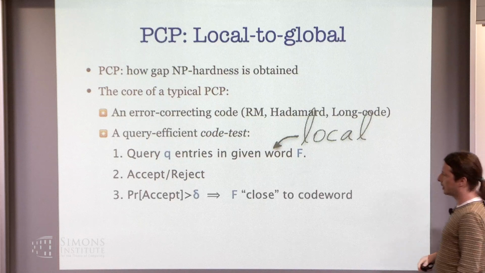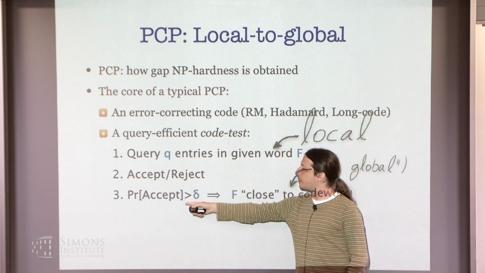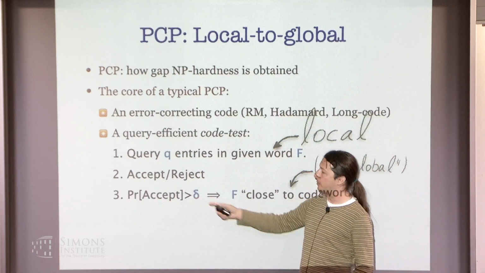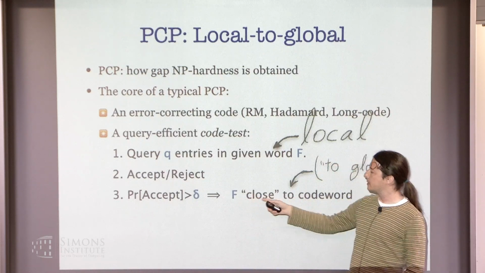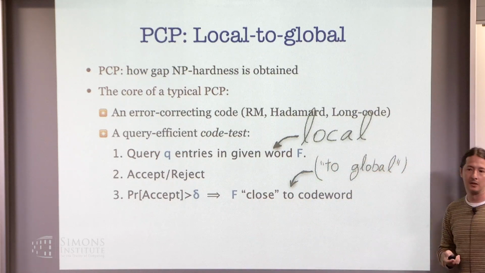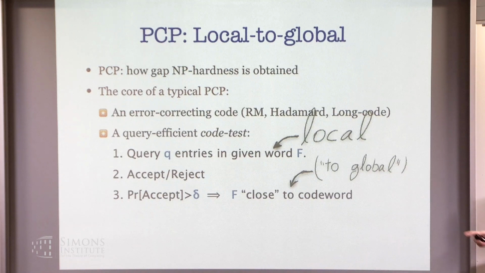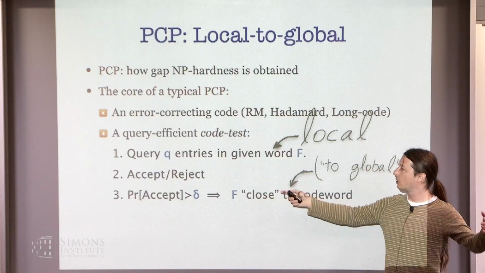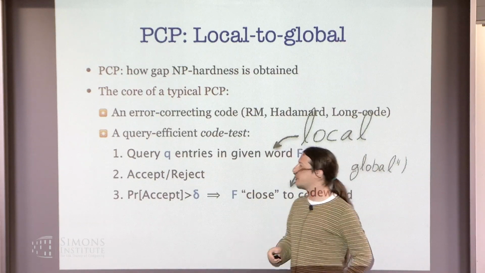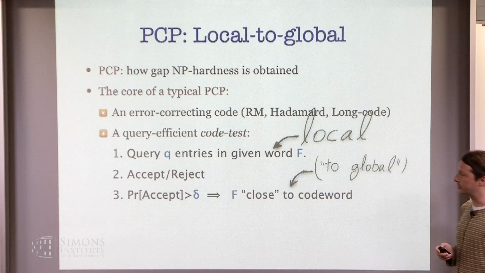And then if the probability of acceptance is greater than some parameter delta, then you know that the word you're given is close in some sense to a codeword. So that's the global part, right? Because the codeword is global and you only checked a constant number or a very small number of entries.